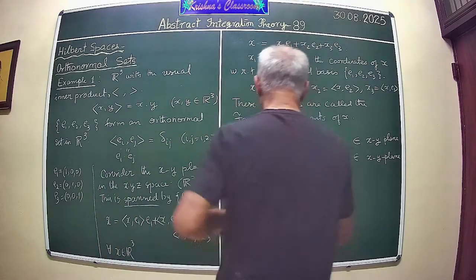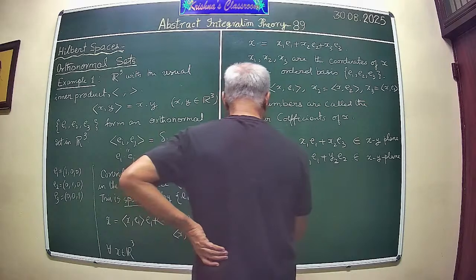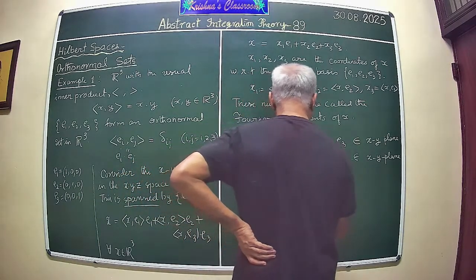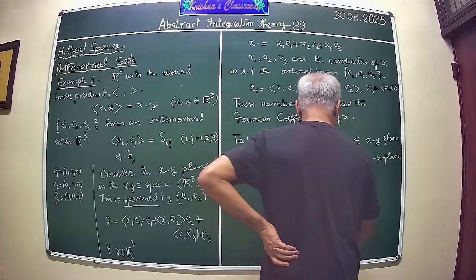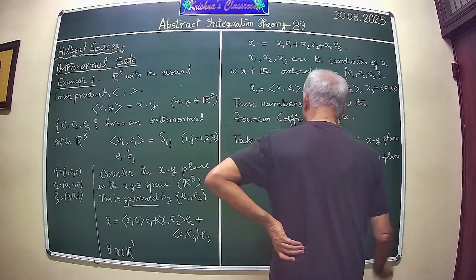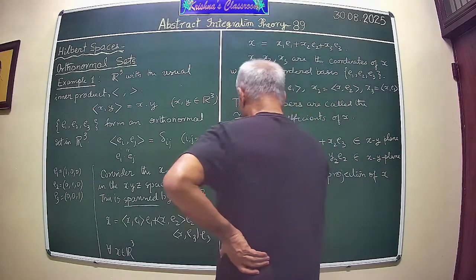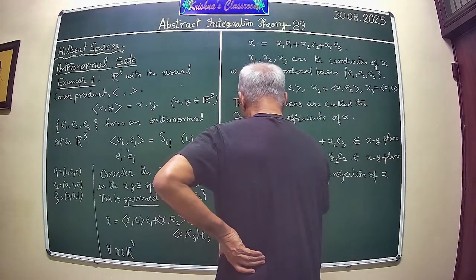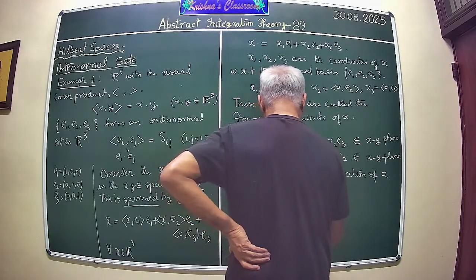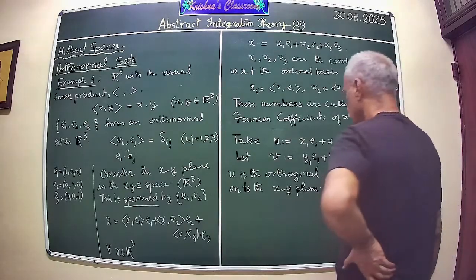Now you see that u is the orthogonal projection of x onto the xy plane.